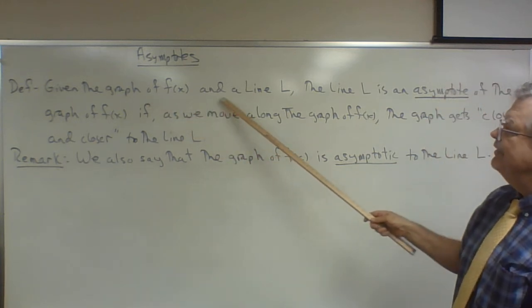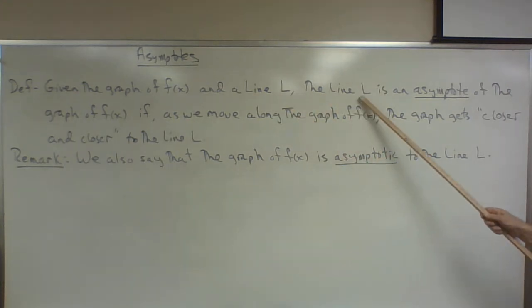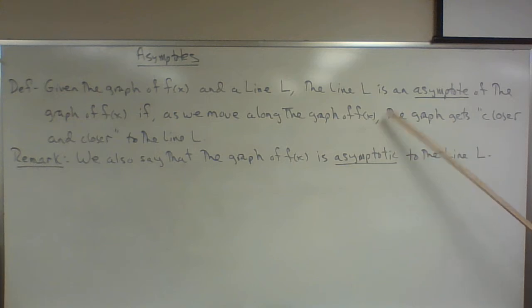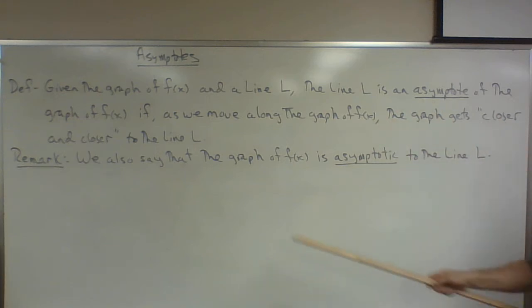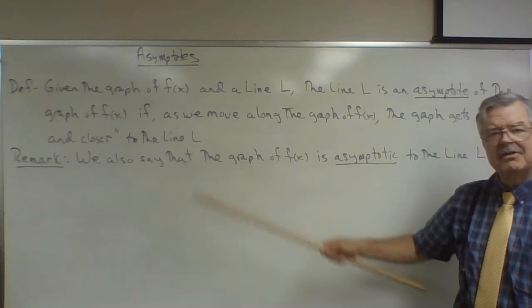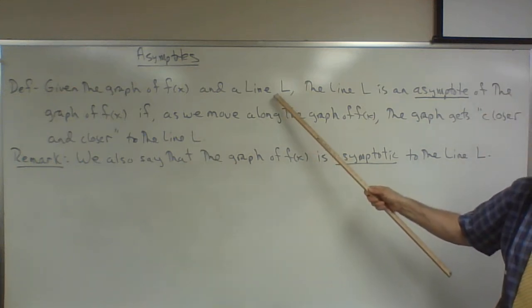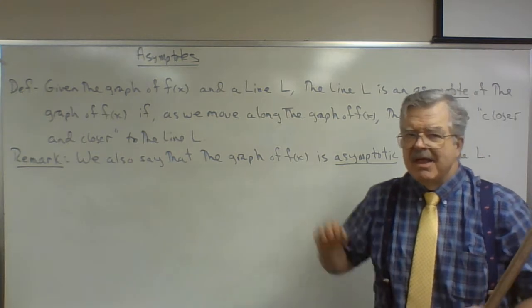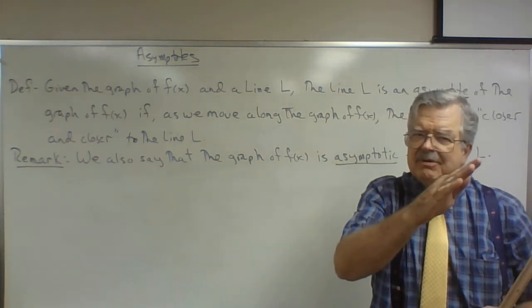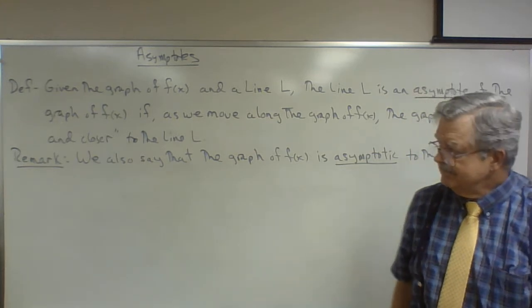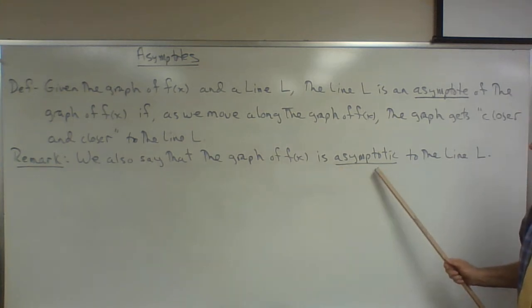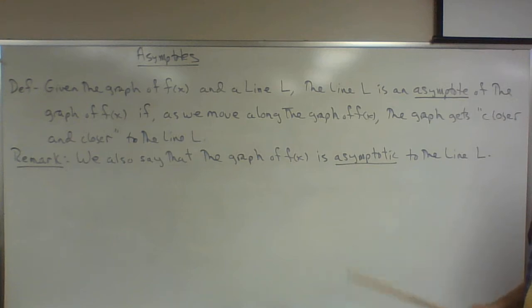Given the graph of f of x and a line L, the line L is an asymptote of the graph of f of x if, as we move along the graph of f of x, the graph gets closer and closer to the line L. So the line L is an asymptote of the graph of f of x if the graph gets closer and closer and closer to that line L. And if that's the case, we can also say that the graph of f of x is asymptotic to the line L.